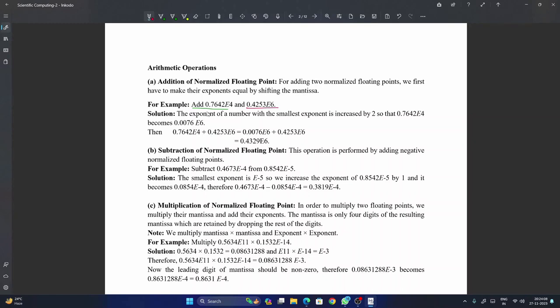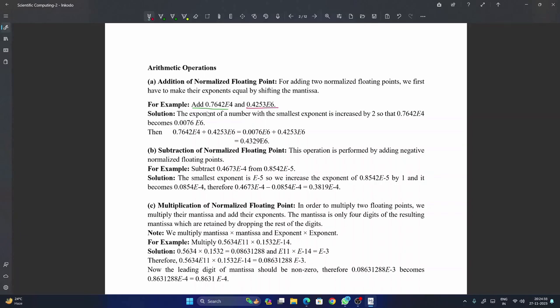Before adding these two numbers, you have to convert both to the same exponent, otherwise you cannot take the summation. So we make both numbers e6, that means the largest power.